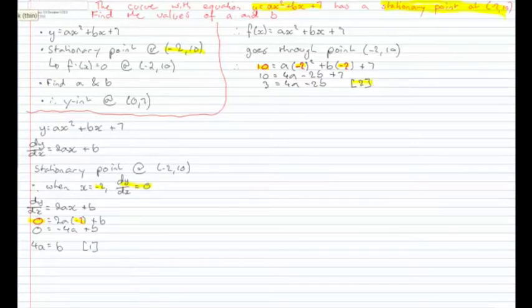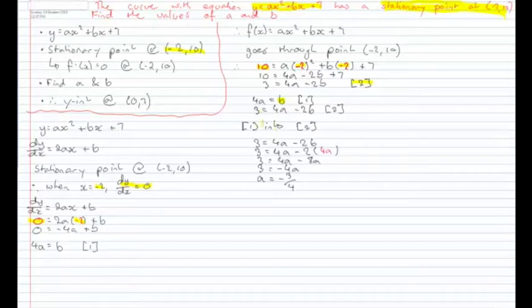Now that I've got two equations and I've got two unknowns, I can use simultaneous equations to solve for them. Let's just write out those equations again. So 4a equals b is equation 1, and 3 equals 4a minus 2b is equation 2. Now because we've got a pronumeral on its own, being b here, we can actually use the substitution method to find out the values of a and b. So we'll put 1 into 2.